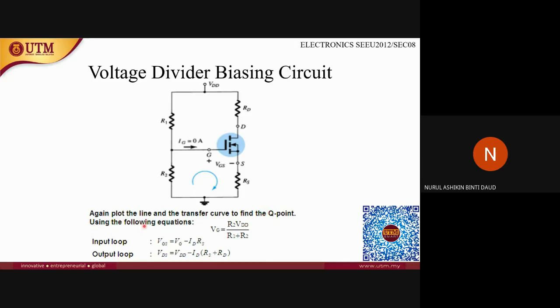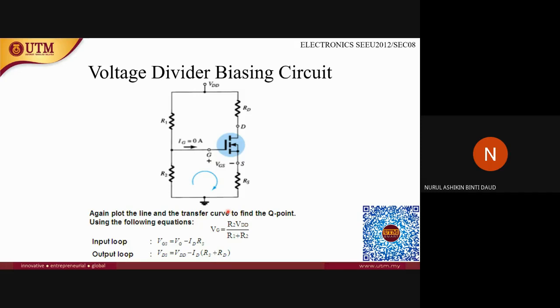Using the following equation, the potential at the gate is equal to R2 VDD over R1 plus R2. Why is it like this? Same as BJT.